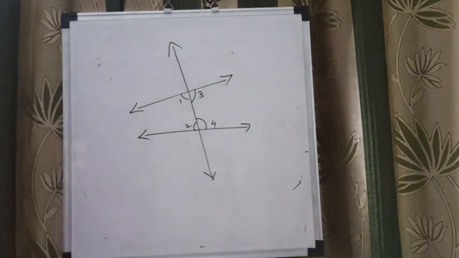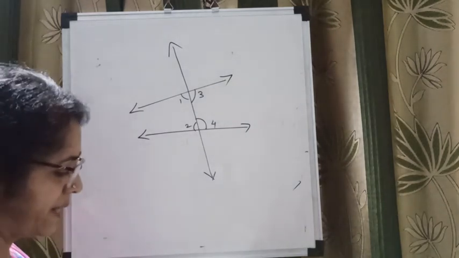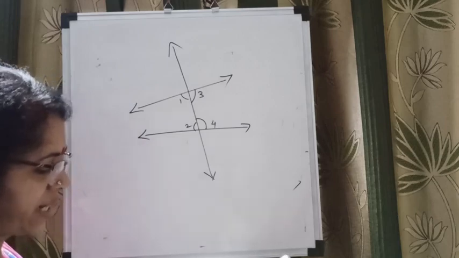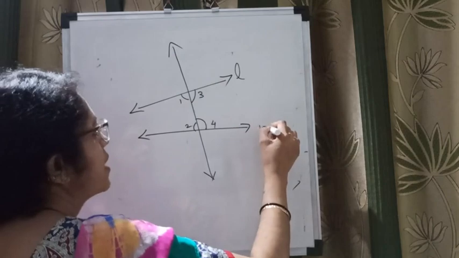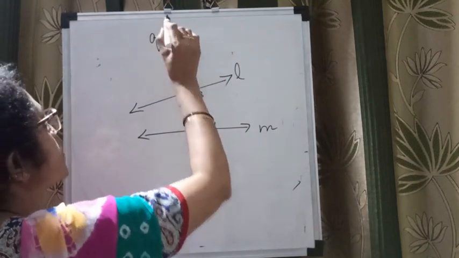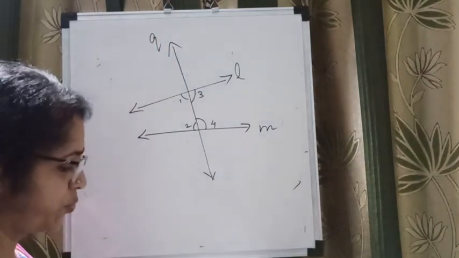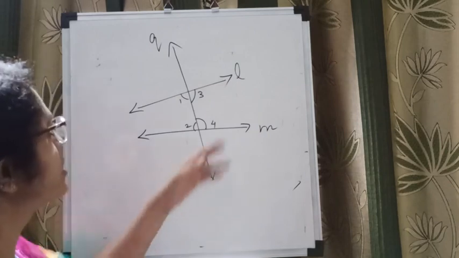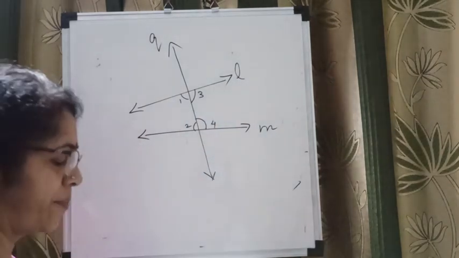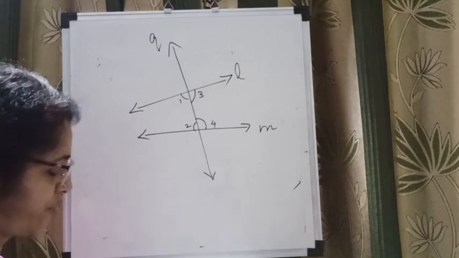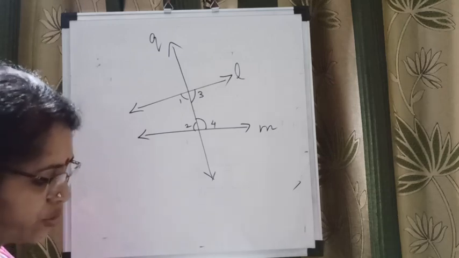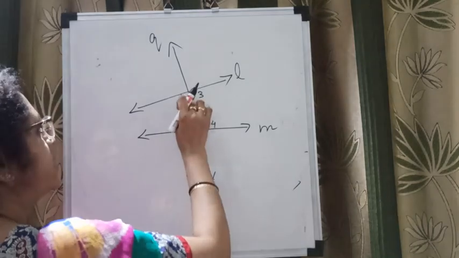So if you read that part again, it says if a straight line, that is this straight line, see this is L, M and this is Q. So if this straight line Q falling on two straight lines, that is L and M, makes the interior angles on the same side of it taken together less than 2 right angles. These are the interior angles.